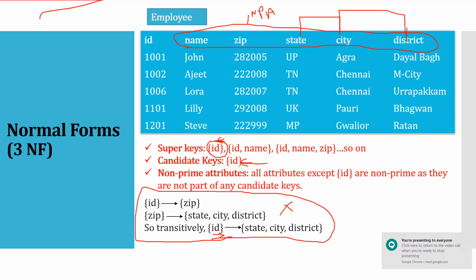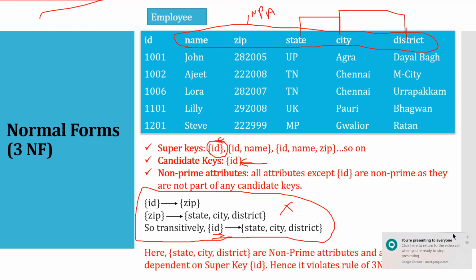Okay, so we have assumed that this is the transitive functional dependency, and we already said that state, city, and district are non-prime attributes, right? And they are already depending on ID because ID is determining them. So state, city, and district are functionally dependent on ID, and ID is a super key as well as the candidate key.